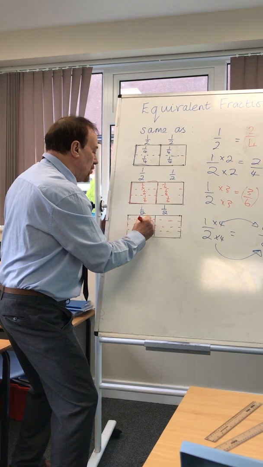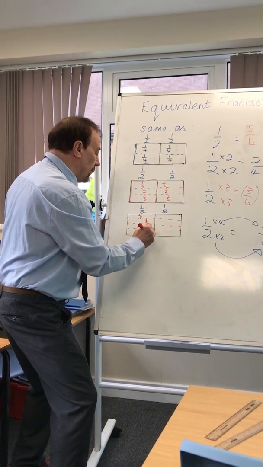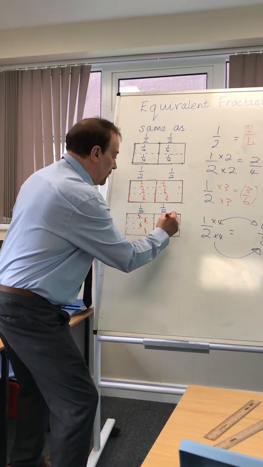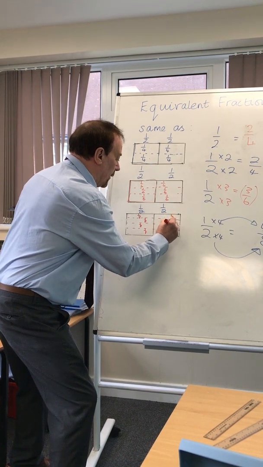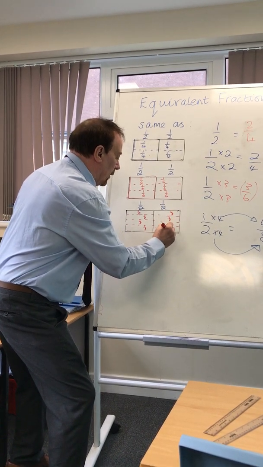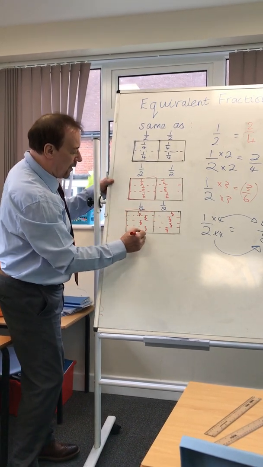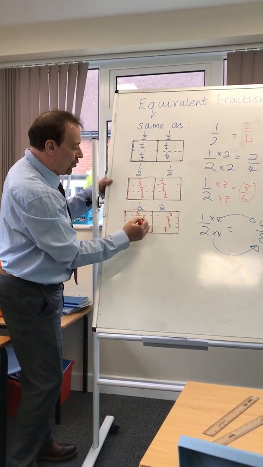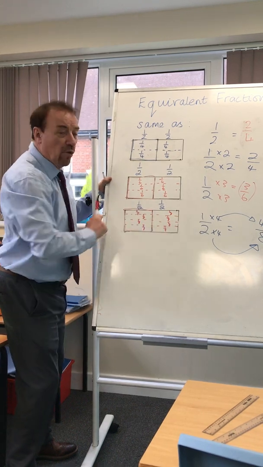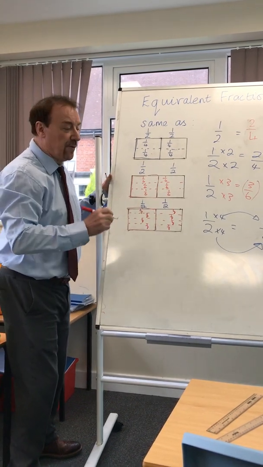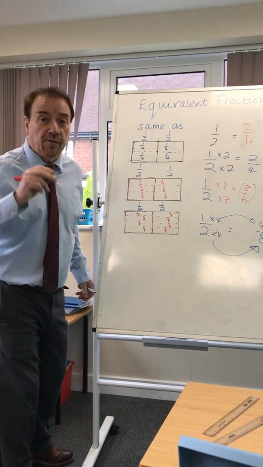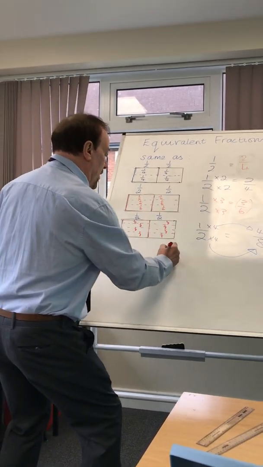So we'll put them all into 8s. Can you see at the back? Good. Now we found out that 1/2 is the same as 4/8 by working it out by this method.